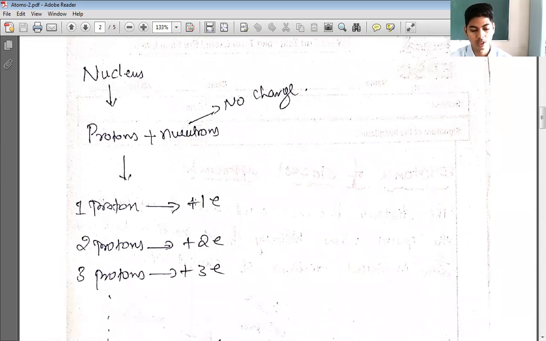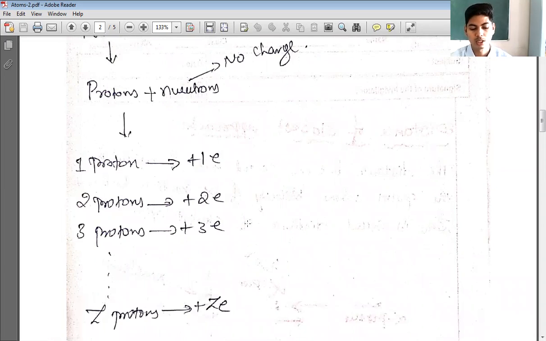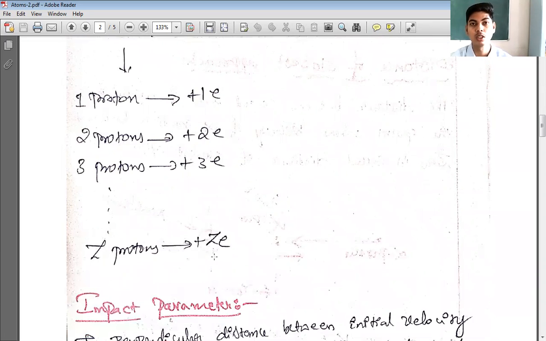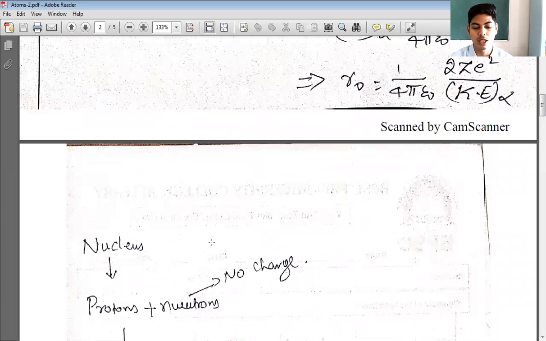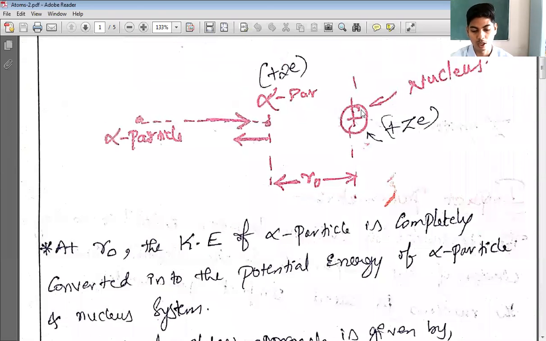The charge on one proton is plus 1e, on two protons plus 2e, on three protons plus 3e, and so on. The charge on Z protons will be plus Ze. If there are Z protons in a nucleus, the charge on that nucleus will be plus Ze. Z represents atomic number, right?